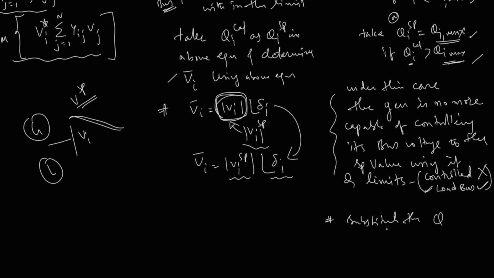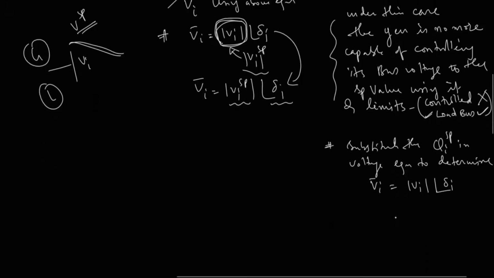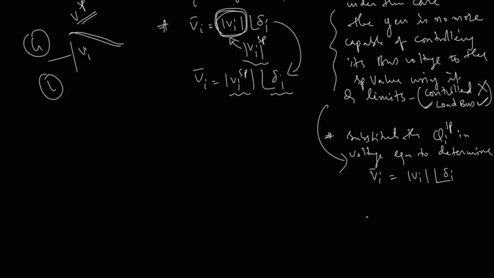Substitute the Qi specified in the above equation, in the voltage equation, to determine Vi. Okay, this is Vi again. This is again Vi magnitude and angle delta i, right? So now under this case, when it is converted to a load bus, I keep this voltage magnitude as I obtained in this solution.